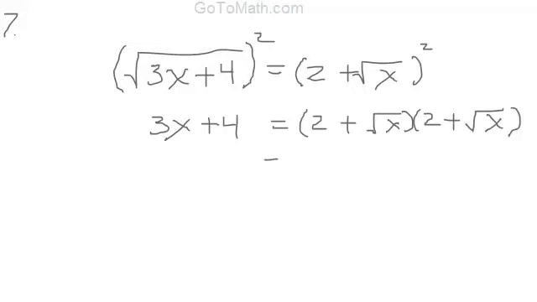I'll go ahead and write it out this time. So 2 times 2 is 4. We have 2 times the square root of x times 2, so that's going to make 4 of them since they're like terms. And square root of x times square root of x is just x.